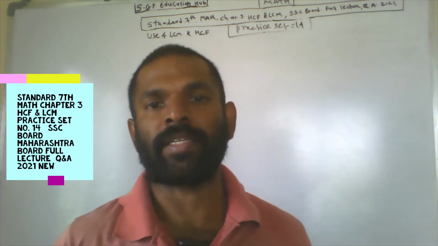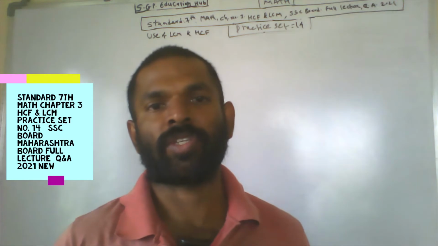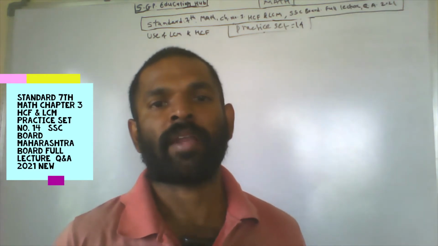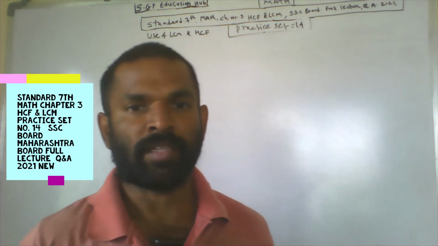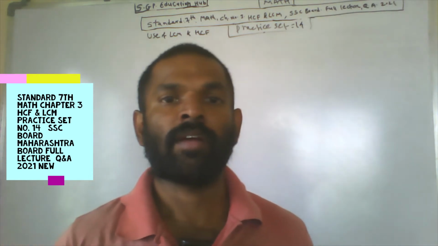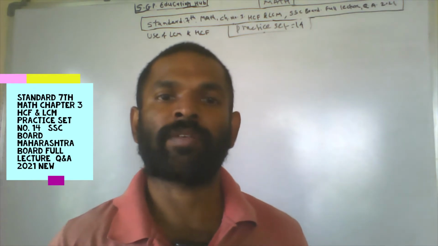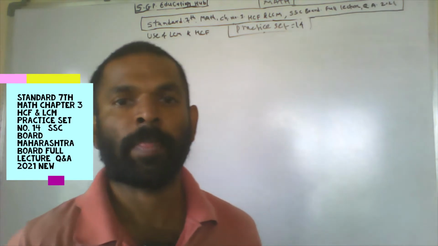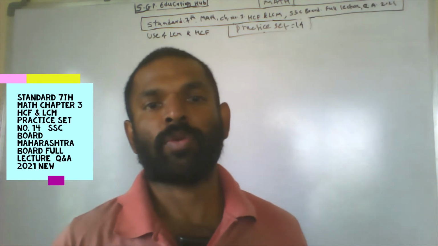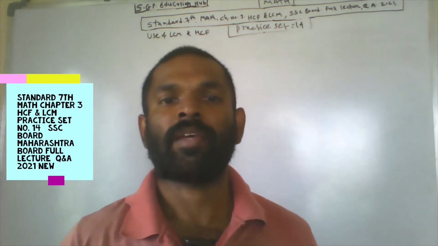In standard 6, we already learned how to find LCM and HCF with the horizontal method. And in this standard, we learned in the previous chapter how to find the LCM and HCF with the vertical arrangement method. Now we are going to learn the use of LCM and HCF.